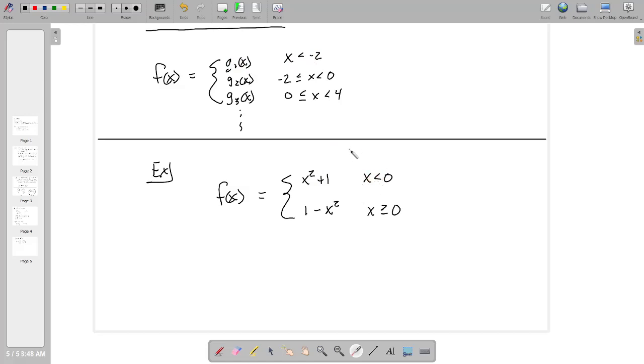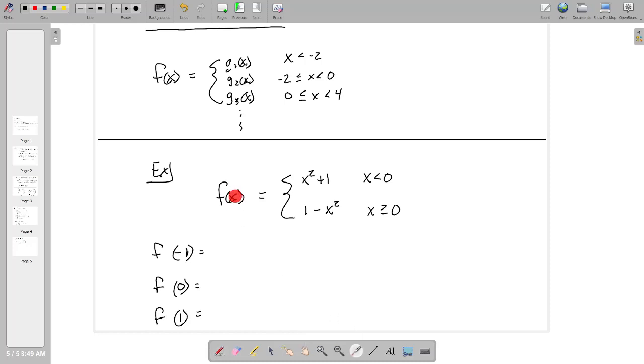What we're saying here is that when x is less than 0, we use this function. When x is greater than or equal to 0, we use this function. So if I'm to look for f of negative 1, f of 0, and f of 1, I need to figure out which function I'm going to use.